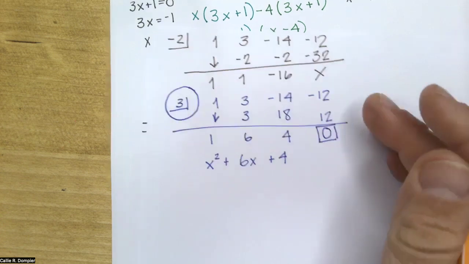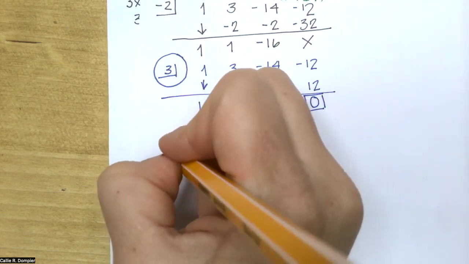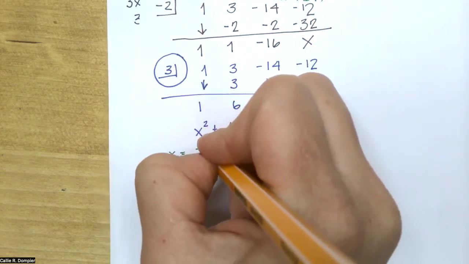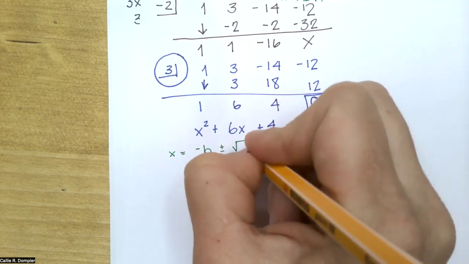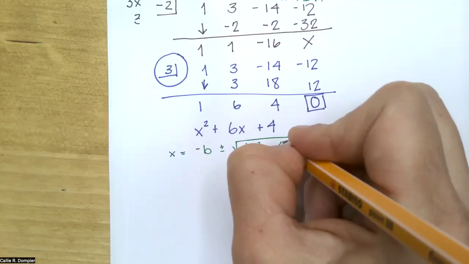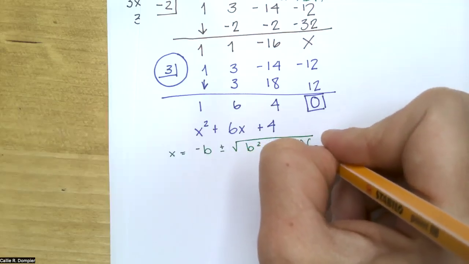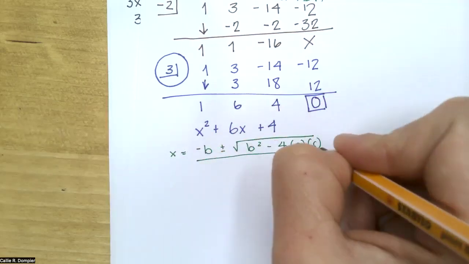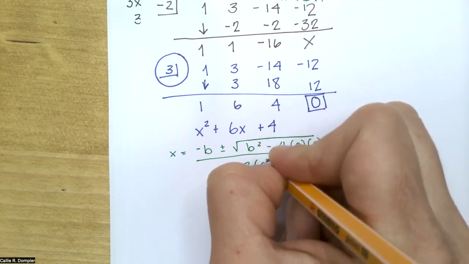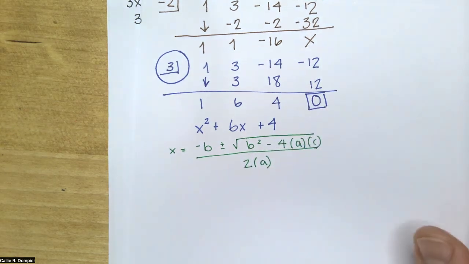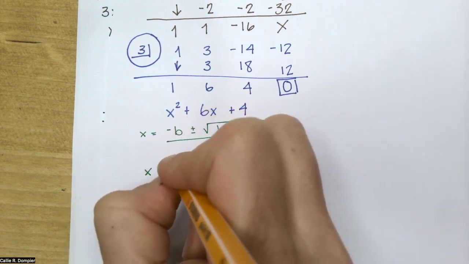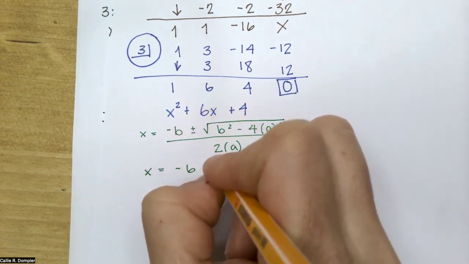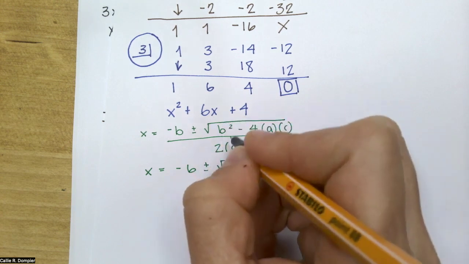The quadratic formula is x equals -b plus or minus the square root of b squared minus 4 times a times c, all over 2a. I'm going to go through this part quickly because we've definitely done this a lot in this class already, okay? x equals -6 plus or minus the square root of 6 squared.